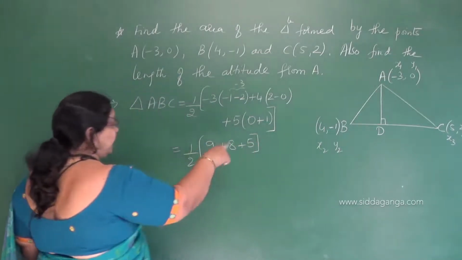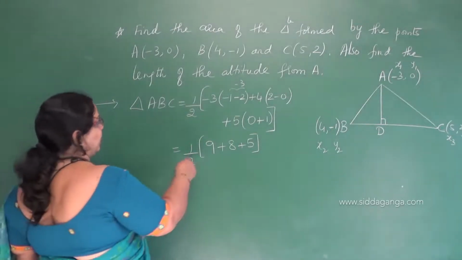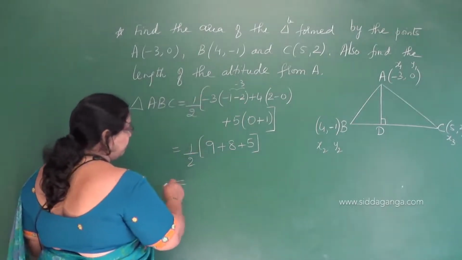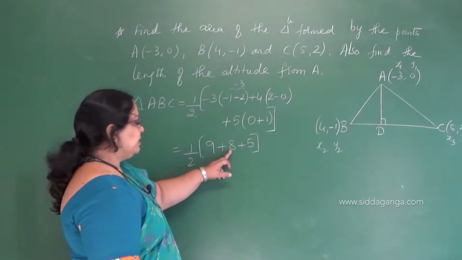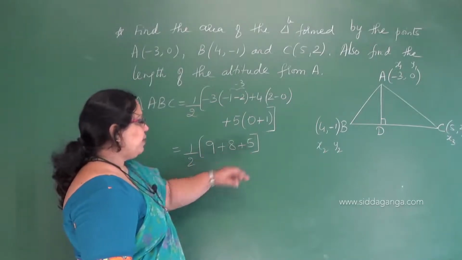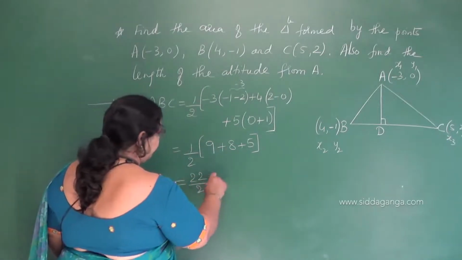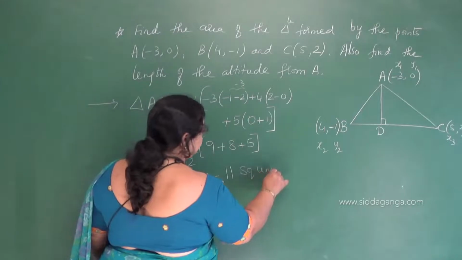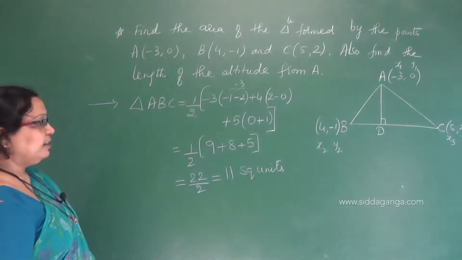So inside everything is positive, so we don't need to put the modulus, or otherwise we can put it at the start. That is equal to 9 plus 8 is 17, plus 5 is 22. That is 22 divided by 2 equal to 11 square units. So this is the area of the triangle.